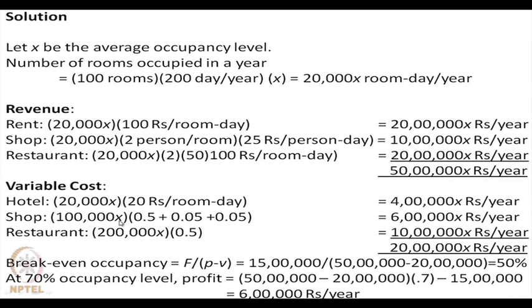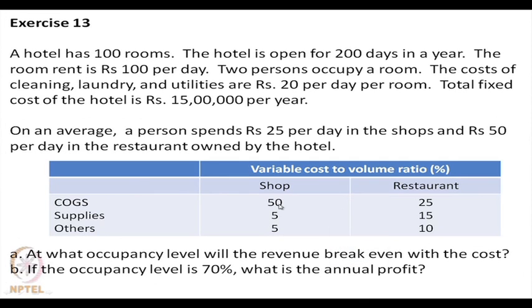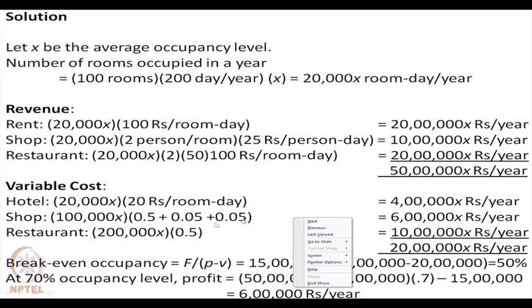Now, when we come to shop, it is 100,000 x multiplication 0.5 plus 0.05 plus 0.05. This 0.5 plus 0.05 plus this come from here, basically 60, which is coming here as 0.6, and this comes to 6.